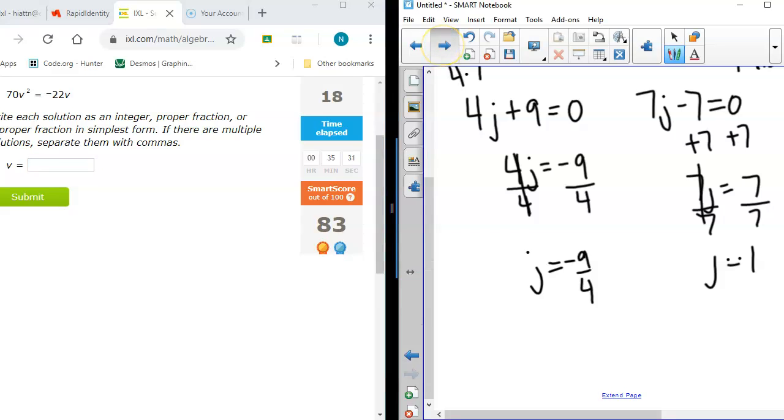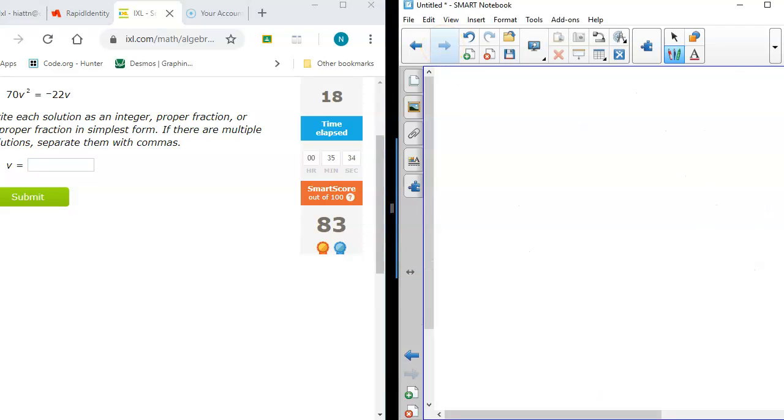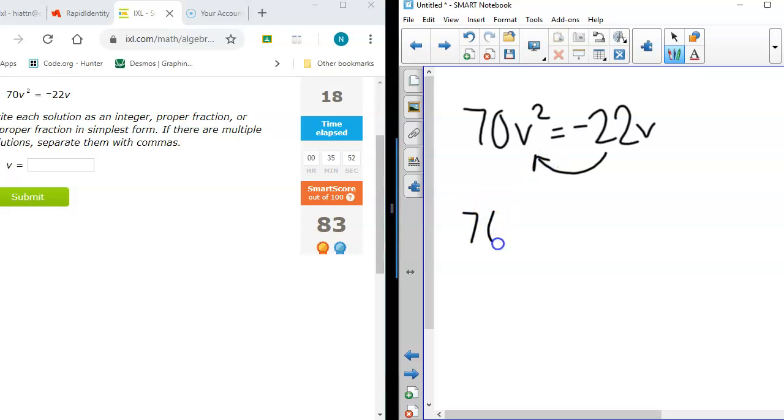Gosh, I keep seeing things that I just need to tell you one more thing about. If you look at this last problem right here, I'm not even going to do the whole problem, but you got 70v squared equals -22v. You can't do these problems if they're not equal to 0. So the very first thing you would want to do is move that 22v over to the other side. So you would have 70v squared plus 22v equals 0.